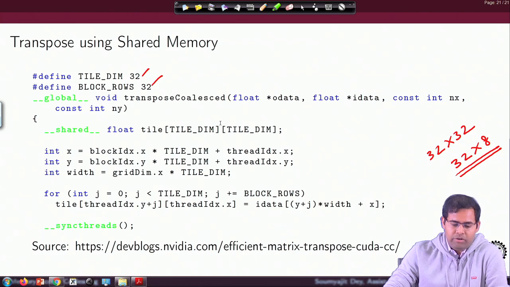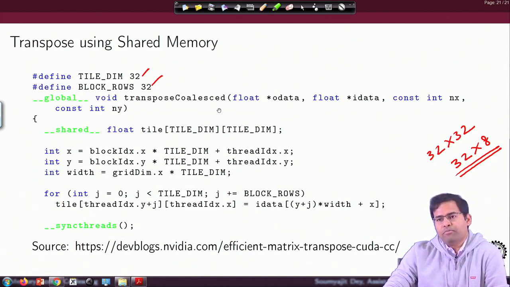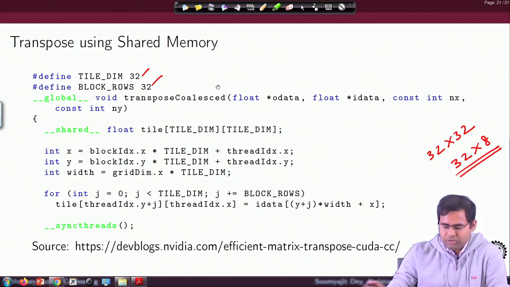We want to alleviate that problem and use the shared memory to avoid it, either in terms of loads or stores. So, instead of loading a full row of data from global memory and storing it back into a full column, or the reverse, we will rather handle a tile of data at a time.